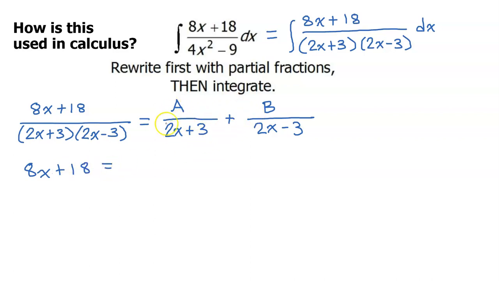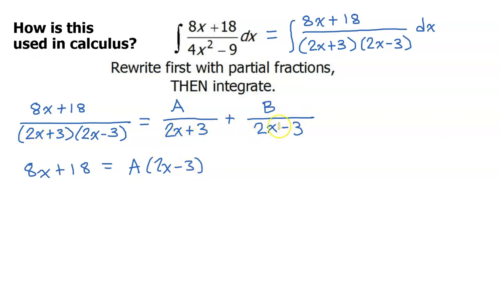If I multiply this term by 2x plus 3 times 2x minus 3, the 2x plus 3 and this 2x plus 3 cancel each other out. But that leaves a times 2x minus 3.